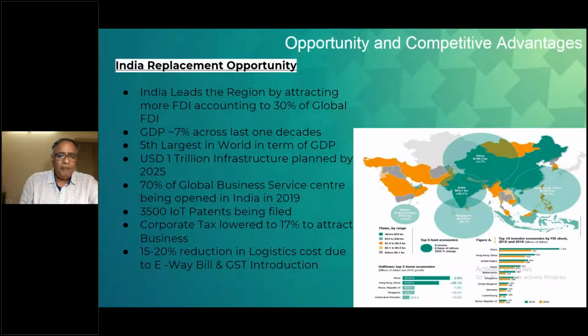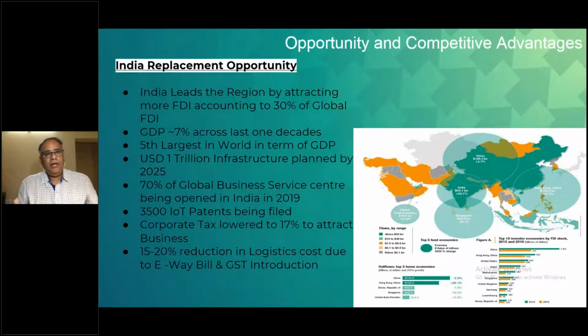And the biggest advantage for us is that in IoT and big data, we have a lot of patents being filed, and a lot of advancement is happening in the IT networks, if I may say.